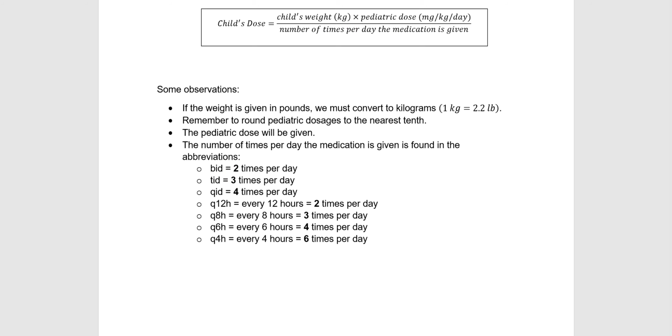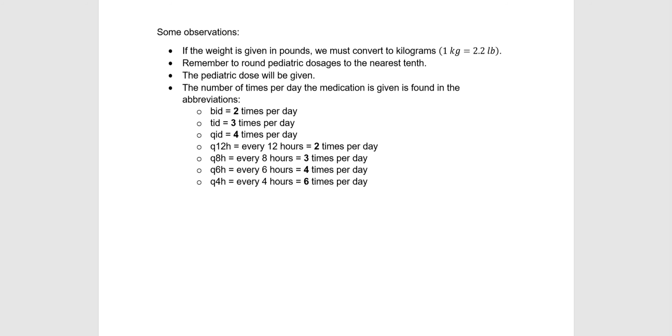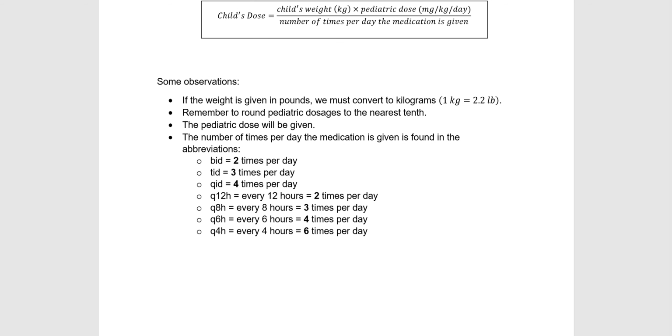And Q12H, so remember QH is every hour. So if you have Q12H, it's every 12 hours. So it's a little bit more confusing for these ones because every 12 hours, we have to think about how many times per day that is. That is 2 times per day. Q8H is every 8 hours, which is 3 times per day.